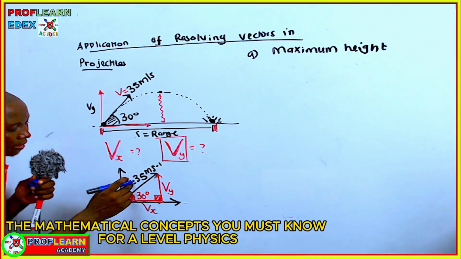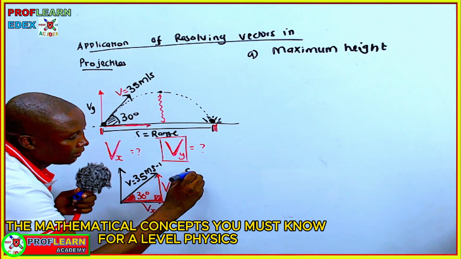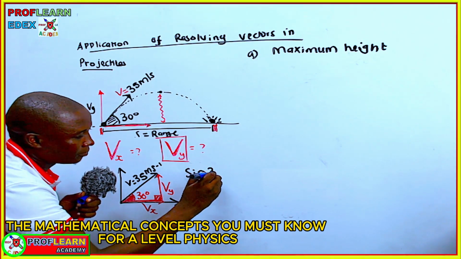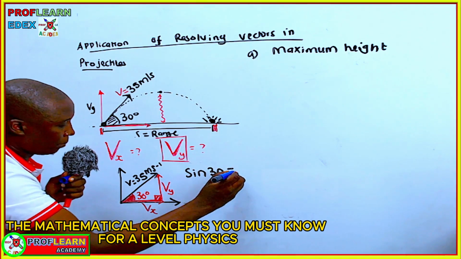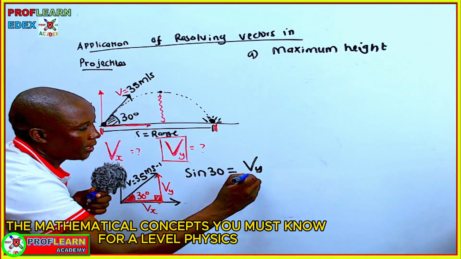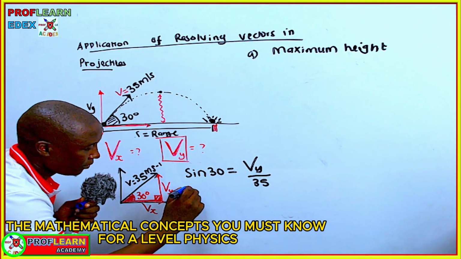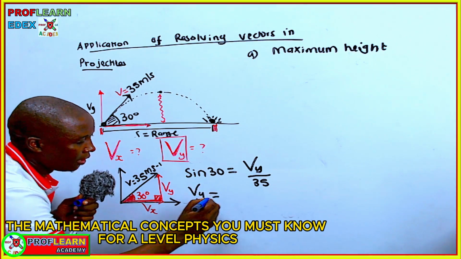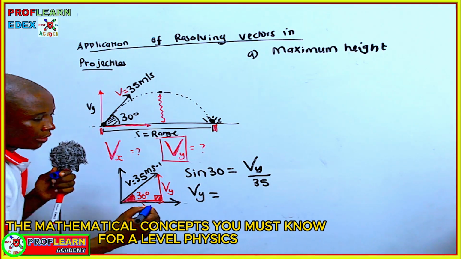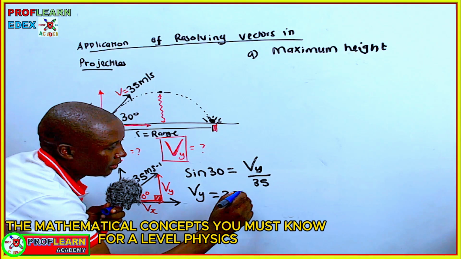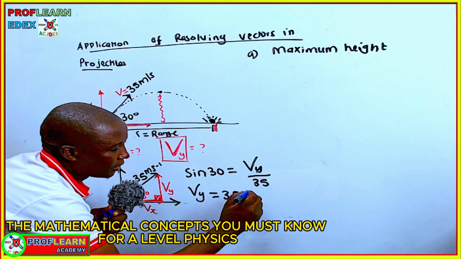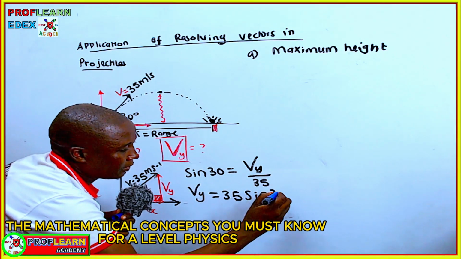So this is our hypotenuse. So sine 30 equals opposite, which is v in the y direction, over hypotenuse, which is 35. So v in the y direction is going to be 35, multiplying both sides, sine 30.